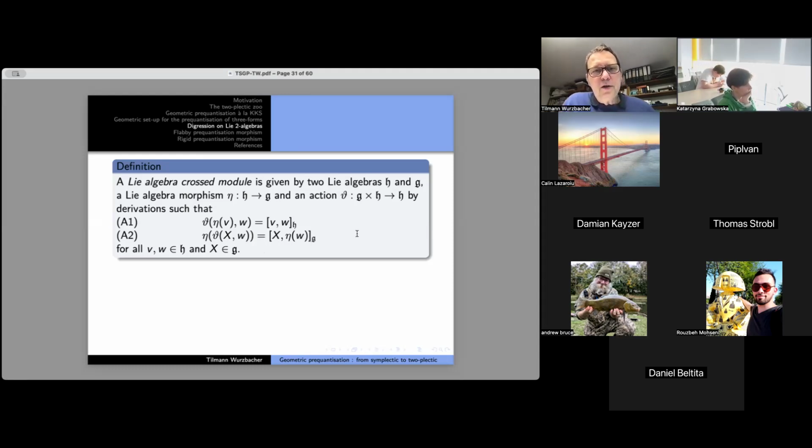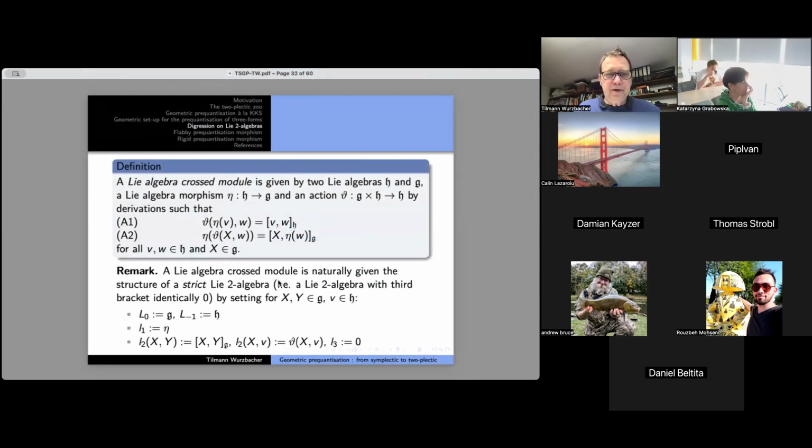So Lie algebra crossed modules exist in many categories. Most well-known is Lie algebras and groups, or Lie groups, let's say.